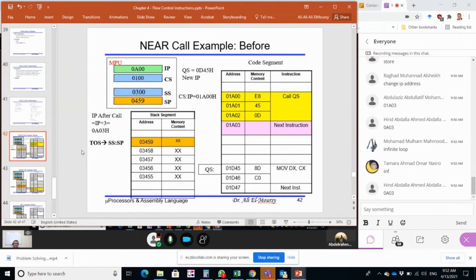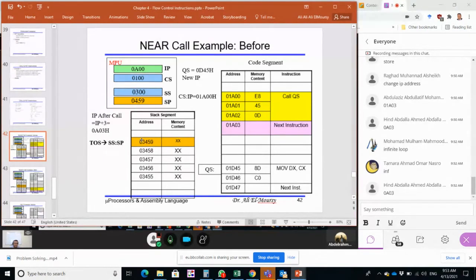How can I perform pushing into the stack? Is the top of the stack pointing to a free location or an occupied location? The top of the stack is always pointing to an occupied location.